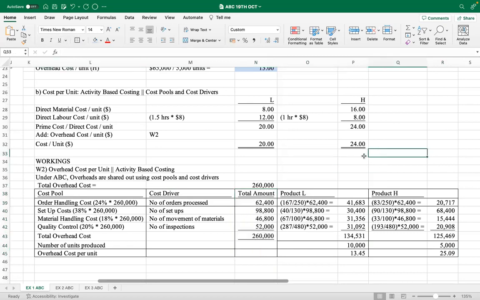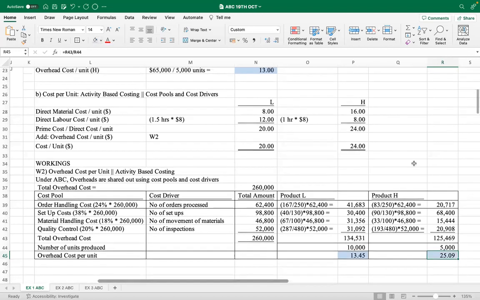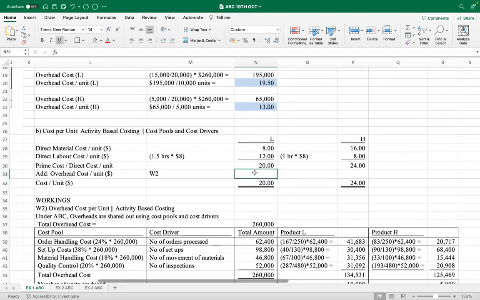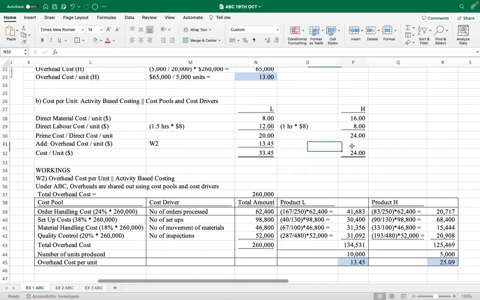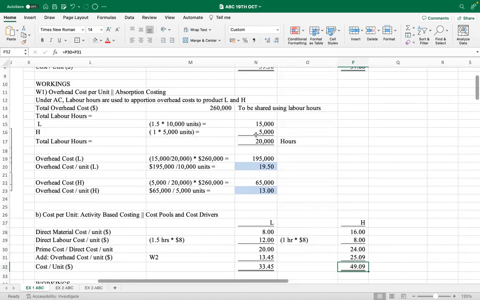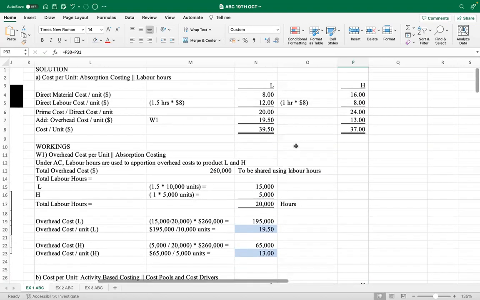So the overhead cost per unit is 13.45 and 25.09 under activity-based costing. You place them there as working two. And that is how we account for activity-based costing.